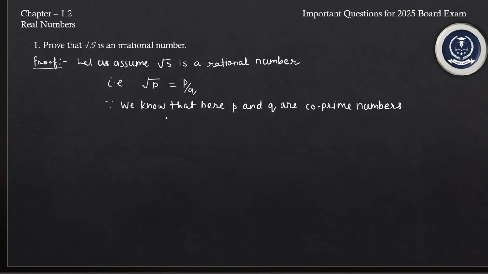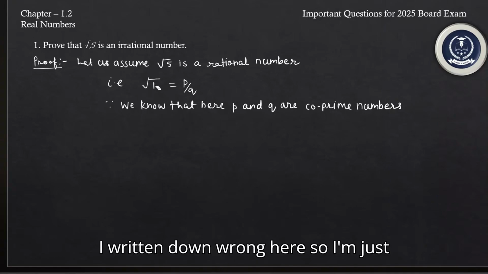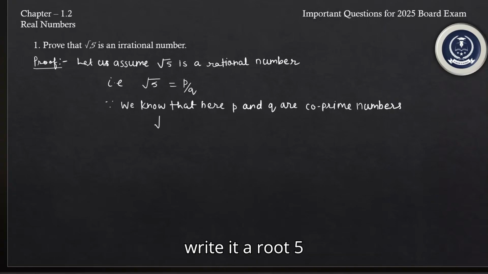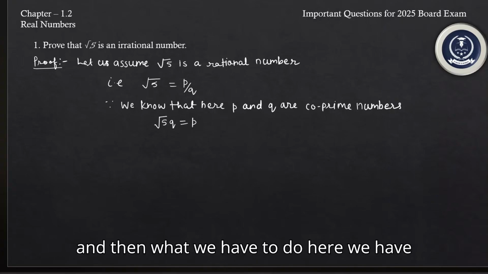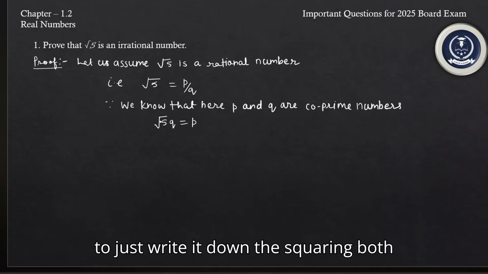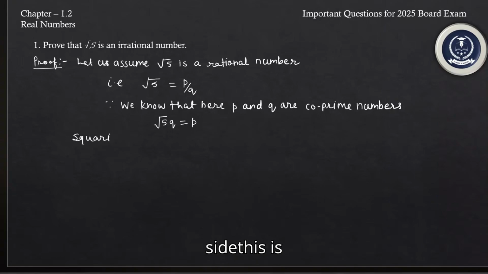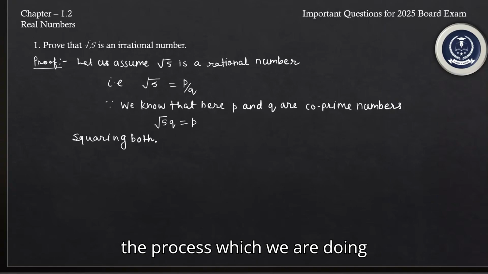Actually, it's root 5, not p. I wrote it wrong here. So we can write root 5 times q is equal to p. After that, we have to square both sides.